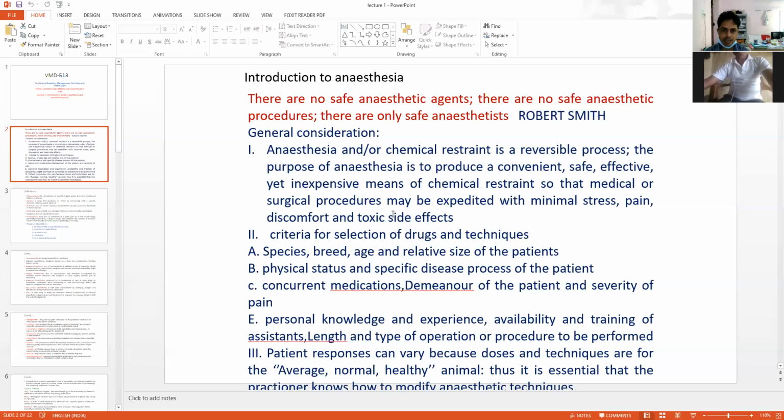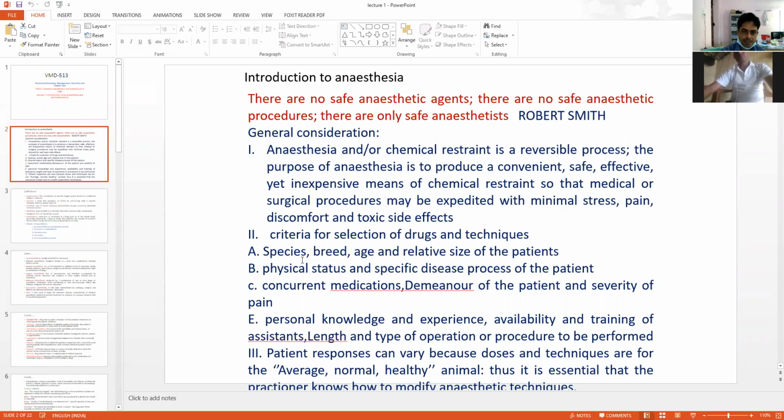That will be good, for the medical or surgical procedure, and it is mainly involved in restraining and performing surgery in animals with minimal stress, pain, discomfort, and toxic side effects. The anesthetic should have minimal stress, avoid pain and discomfort, and have the least toxic effect.